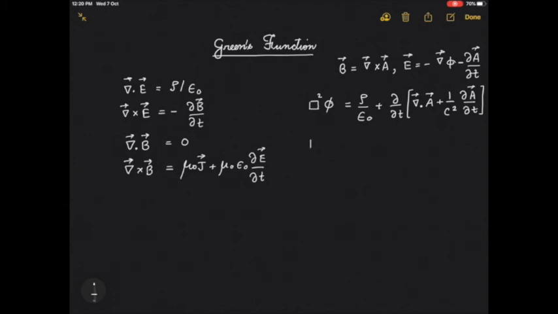So this is one set of equations for phi, and for A they look like the following. Of the same quantity, gradient of the same quantity, divergence of A plus 1 by c square del A del t.